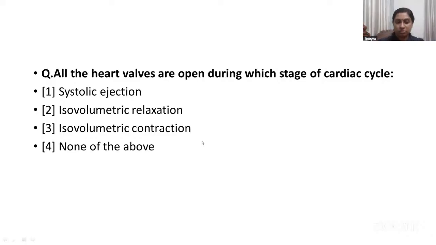Isovolumetric means the volume is constant, hence it should be a closed chamber, with no outflows allowed. That's why it is called isovolumetric. The volume is maintained, so whether it is relaxation or contraction, all the valves are closed during those phases. So here the answer is none.